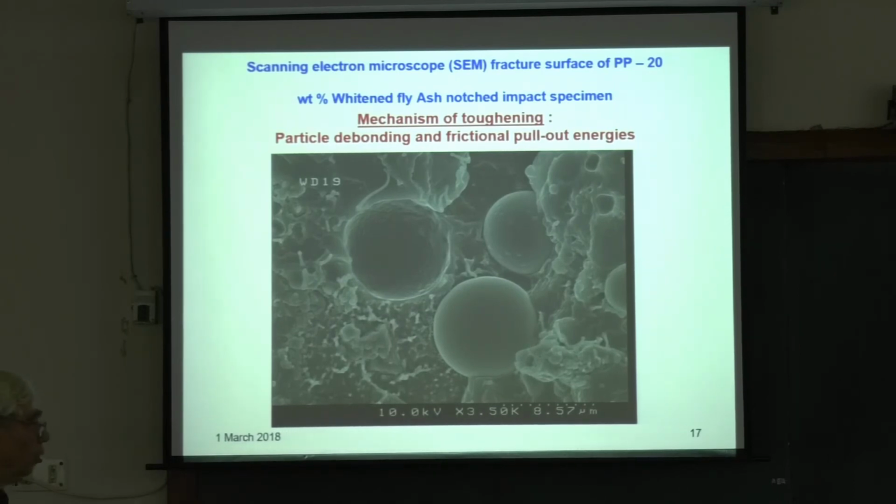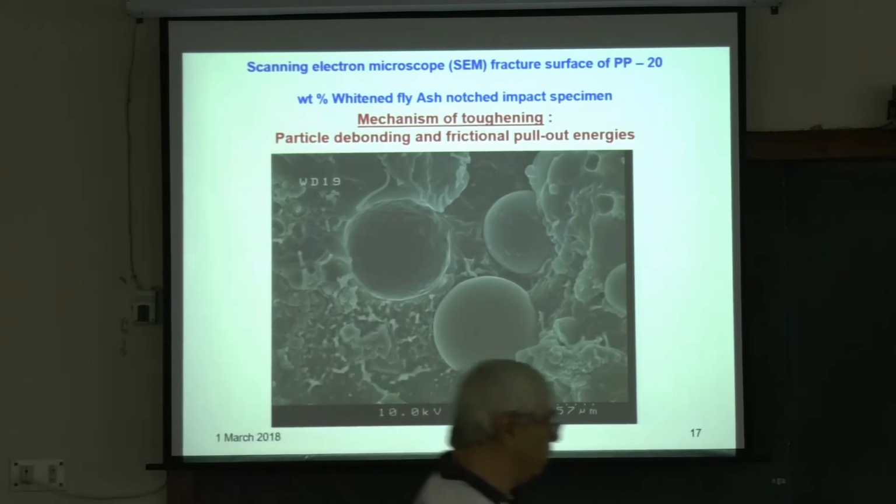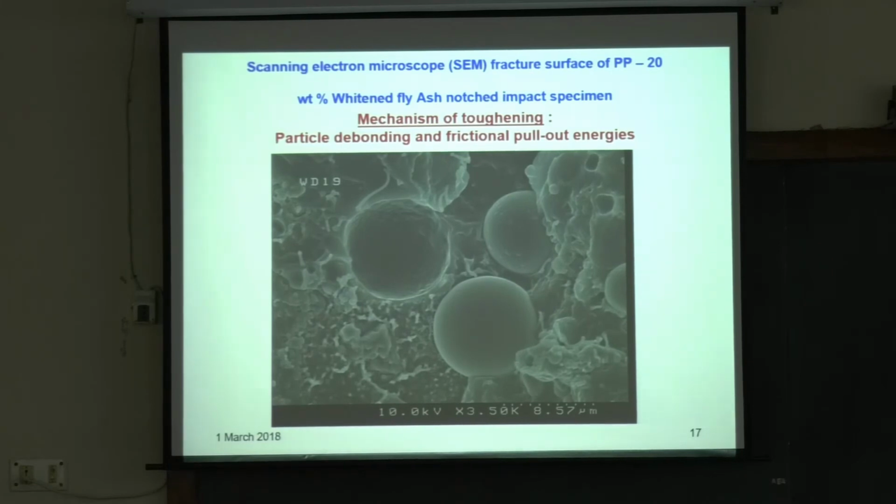Write it on the board: debonding and pull-out is a very important mechanism of getting toughness. Debonding means you have the bond between the fly ash and the polymer. If debonding means something is removing the bond, that is taking up energy. And pull out means it is coming out, so there is a lot of shear force needed to remove the particles. So please make a note of this one.